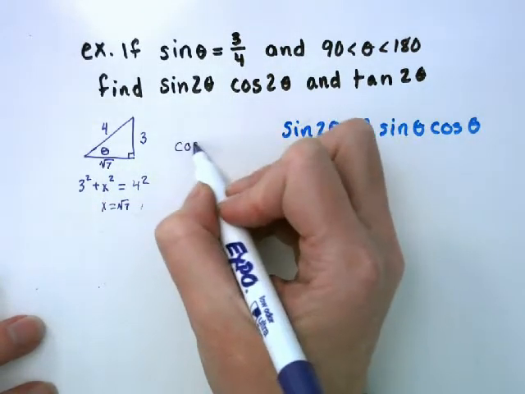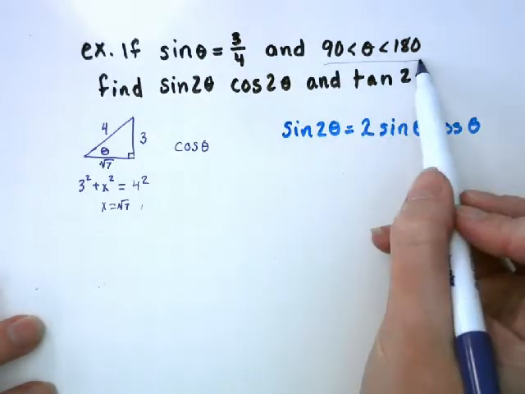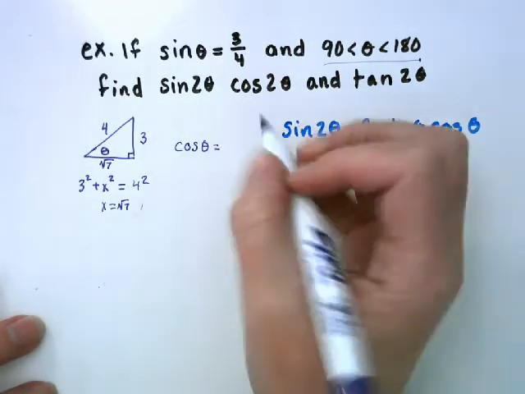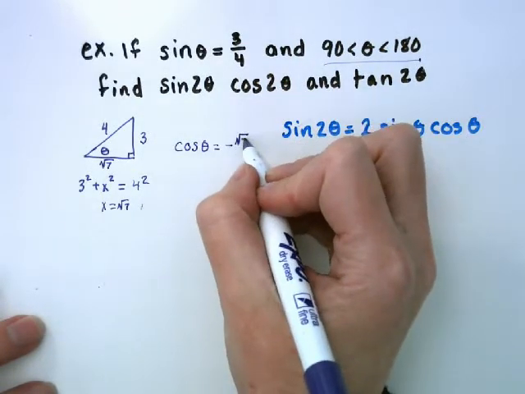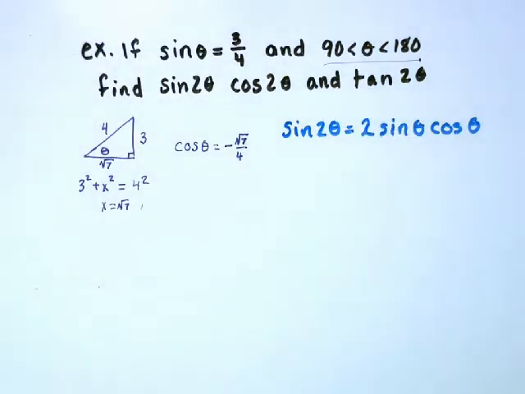which means cosine of theta is going to be root 7 over 4, but since we're between 90 and 180, that's the second quadrant, it's going to be a negative root 7 over 4. So now we have those values that we can plug in to our identity.